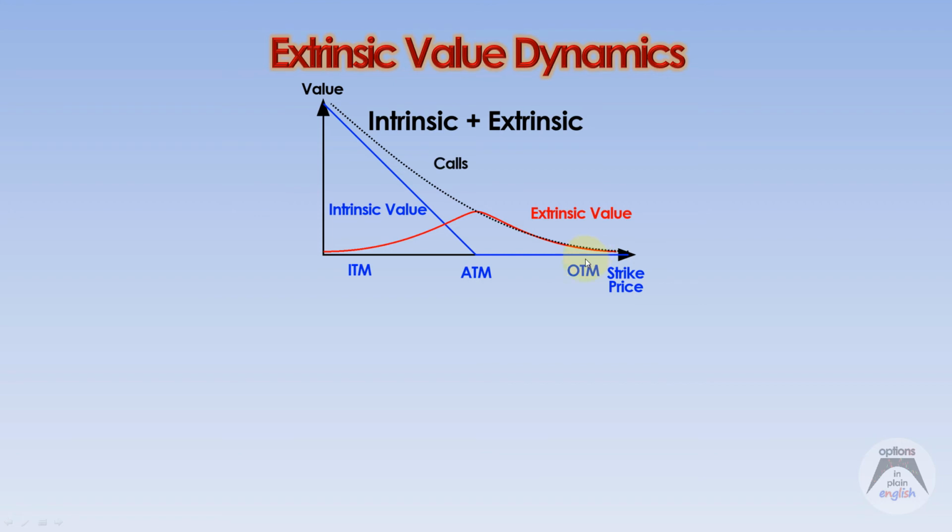Oh, how different they are. Well, in terms of extrinsic, they're exactly the same. Okay, it's only the intrinsic value that drives the value of that option higher. So you need to understand this so that you can get a clear picture of what's going on here.